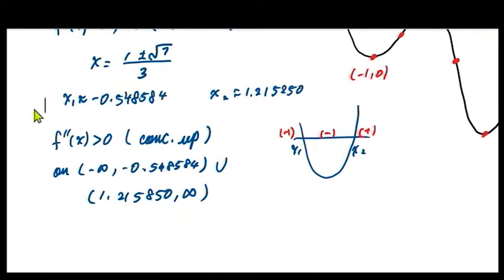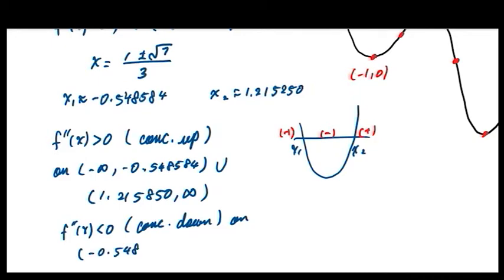Okay, now f double prime of x negative, which means concave down, on, and then we can put between these two numbers, negative 0.548584 and 1.215850.